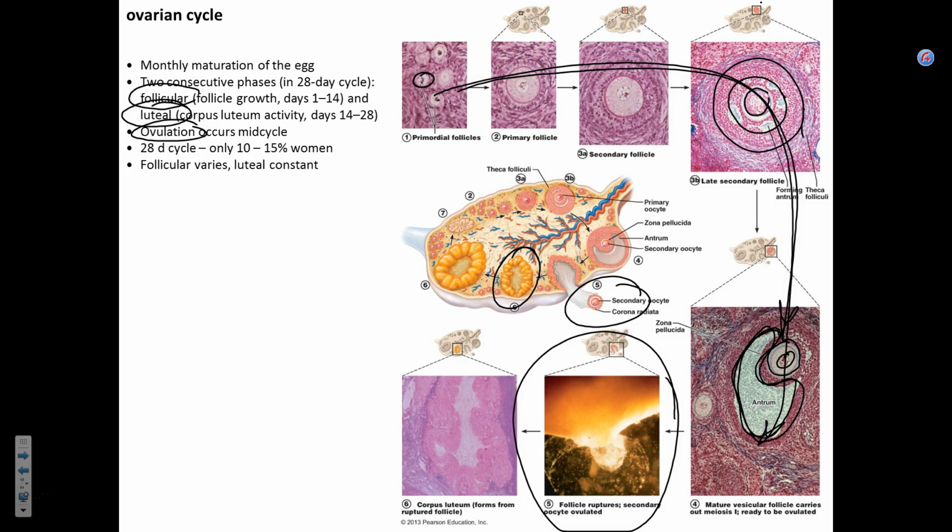Generally we consider the cycle to be 28 days, but it varies between women. The luteal phase is pretty constant. The follicular phase may slightly vary and contribute to those differences in time.